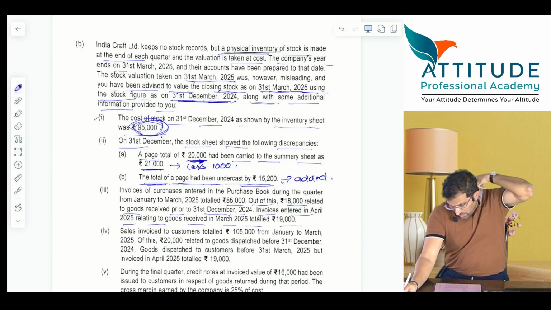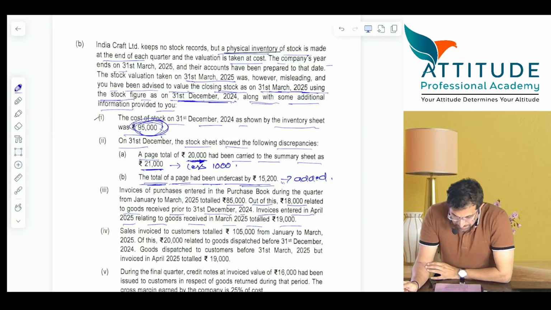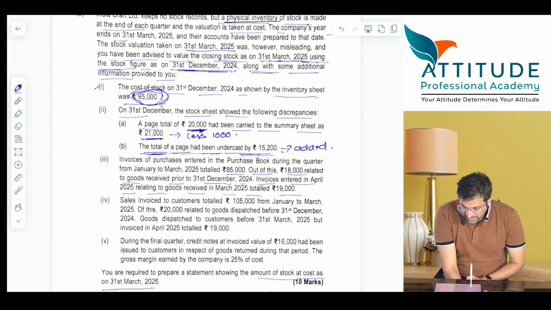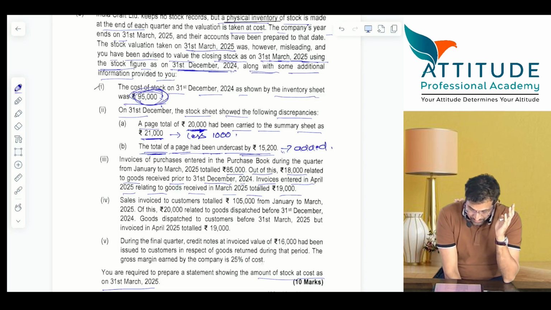Please go through the question once again. Look here, what is given. Invoices of purchase entered in purchase book during the quarter from January to March total 85,000. How much did you record as invoices in the purchase book? 85,000. Out of this, 18,000 related to goods received prior to 31st December 2024.